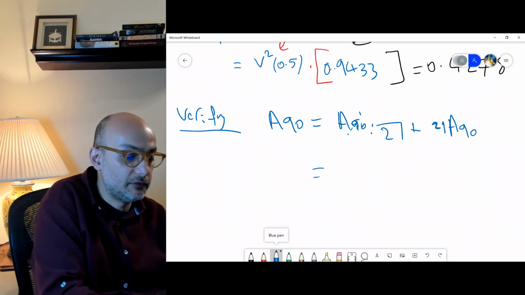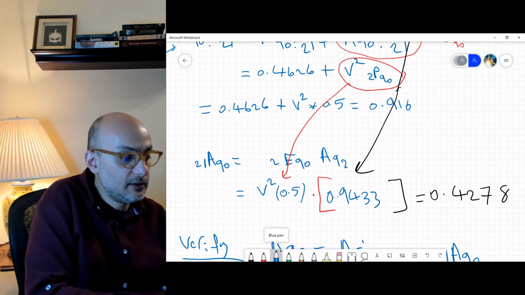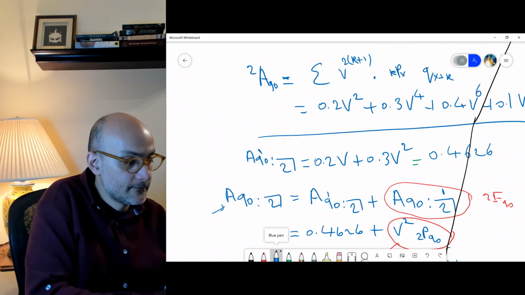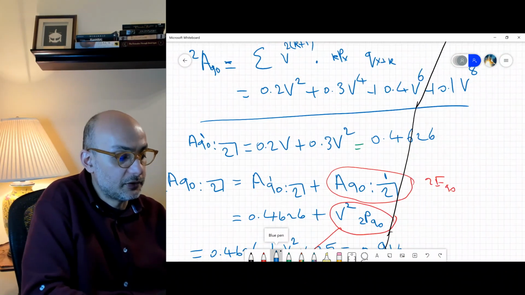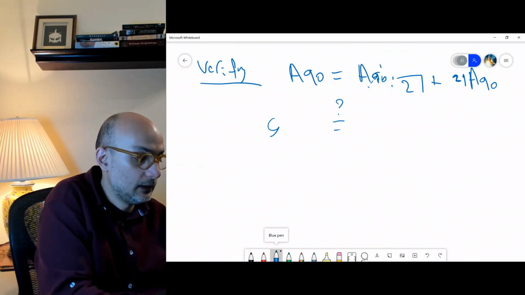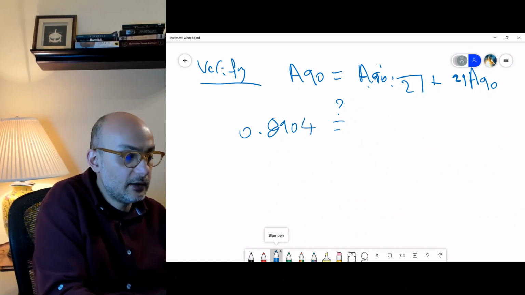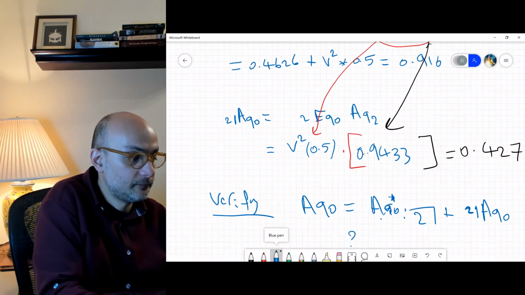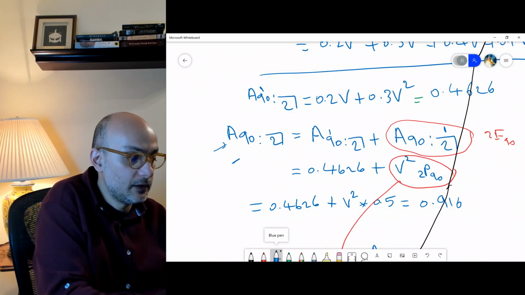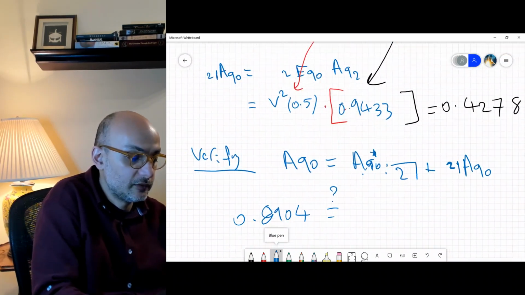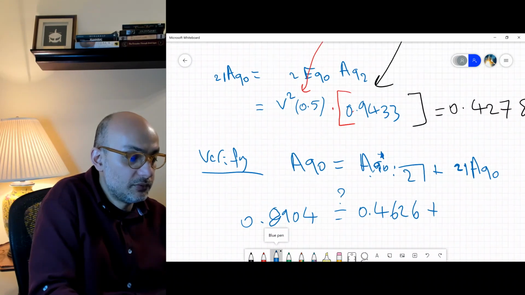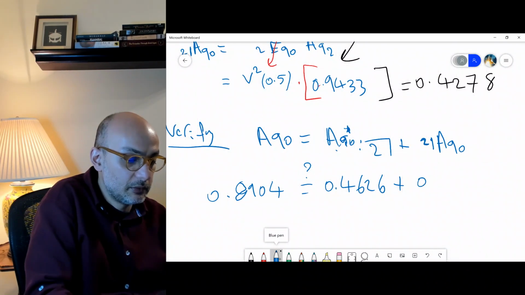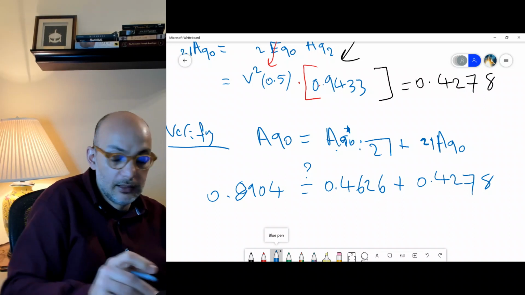Let's verify, see if we got it right or not. We calculated the A90 to be 8904. So let's see, we calculated the term insurance, not this one, the one with 1, 4626, and we computed also this one, the one I made a mistake with, 4278. Now let's verify.